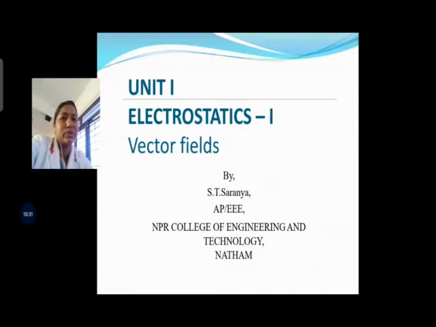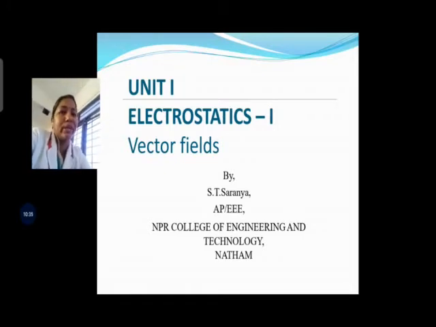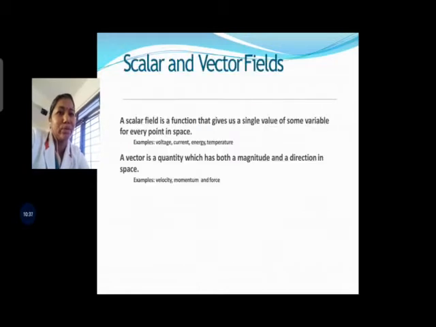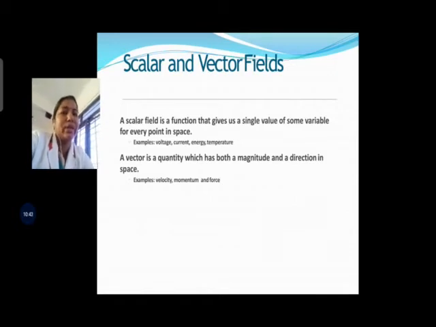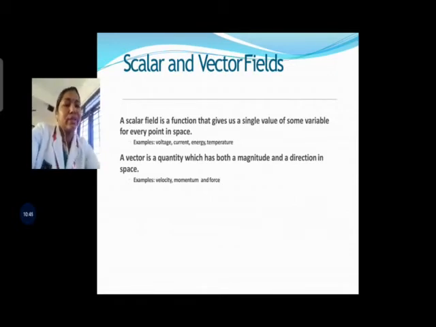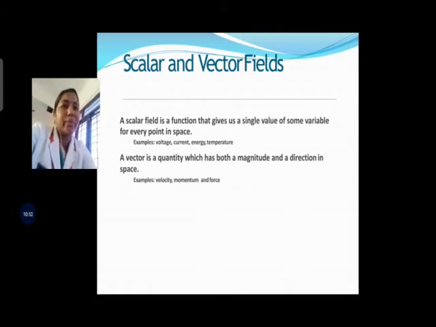Now we are going to study about vector fields. So in vector field, we are going to study about vector addition, subtraction, multiplication. In this unit the important topic is multiplication only. So scalar is characterized by its magnitude.